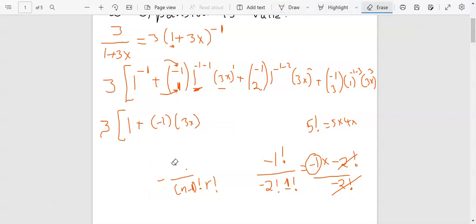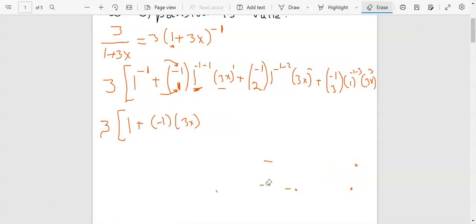So we'll do the same, simplifying these others that we have. The next one which we have is negative 1 combination 2. This one means negative 1 factorial divided by, you subtract negative 1 minus 2, that is a negative 3.